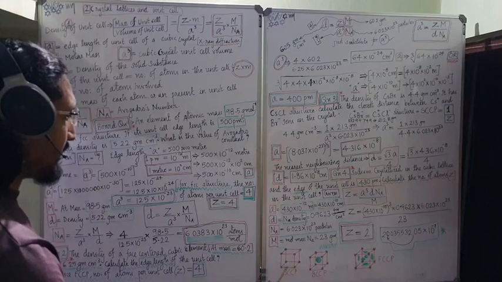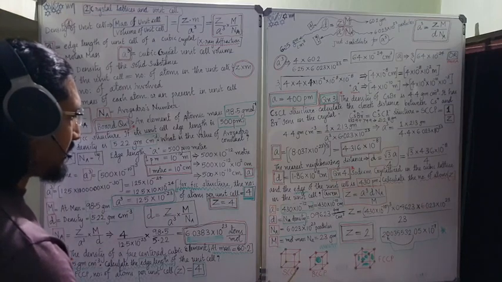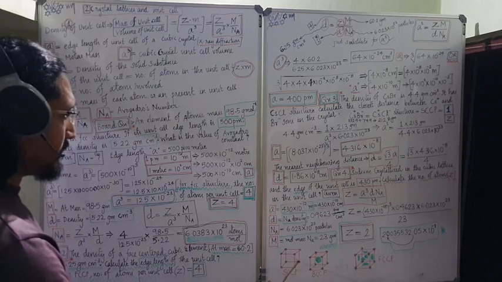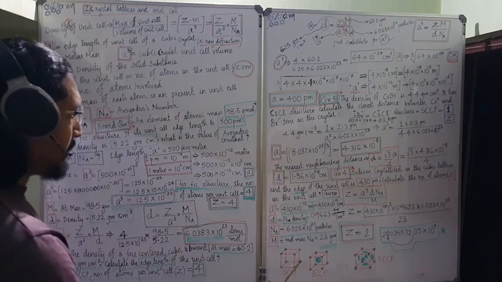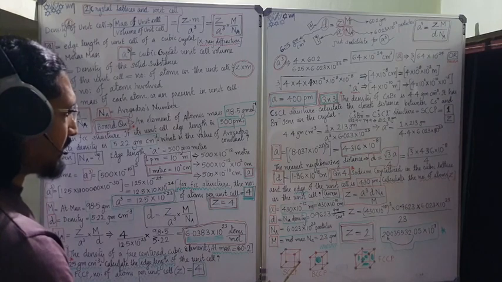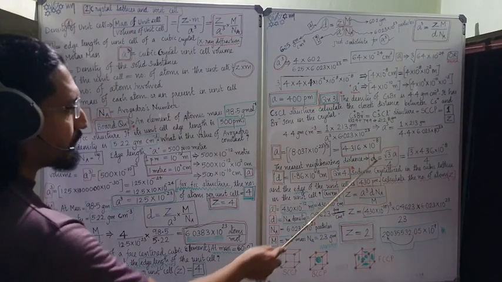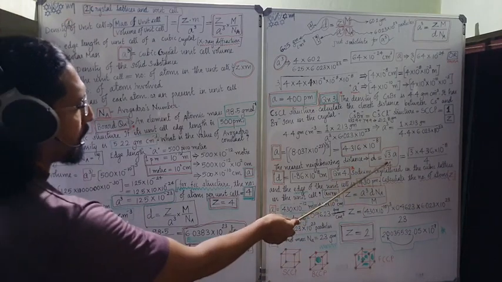The edges have length 1 by 1, so root 2 is the length of this diagonal line. Then root 2 plus this 1 will give the diagonal length, that is root 3. And that length is divided by 4.